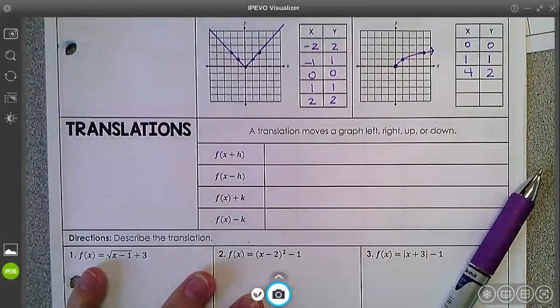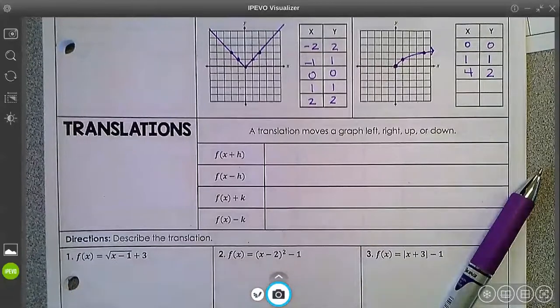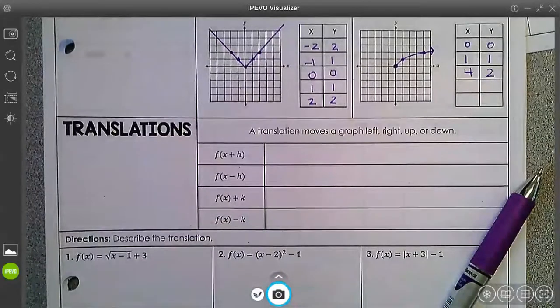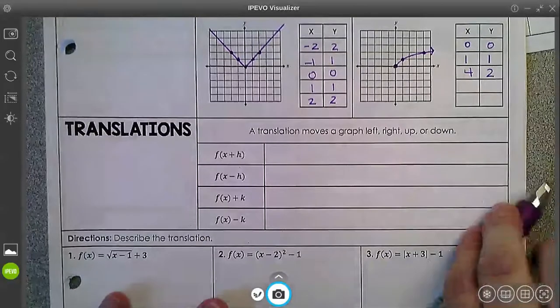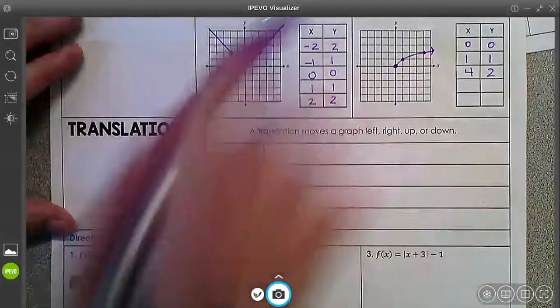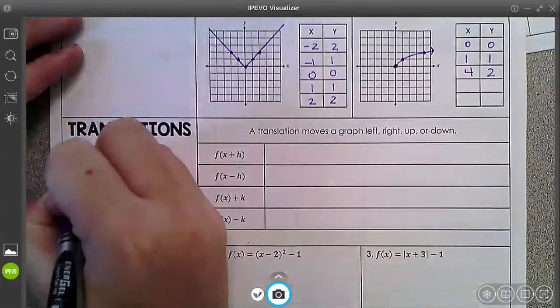Left, right, up, or down. It just slides. It doesn't twist, doesn't get bigger, smaller, anything like that. With a translation, we're going to be looking for numbers that are being added or subtracted. For example, let's use a squared.